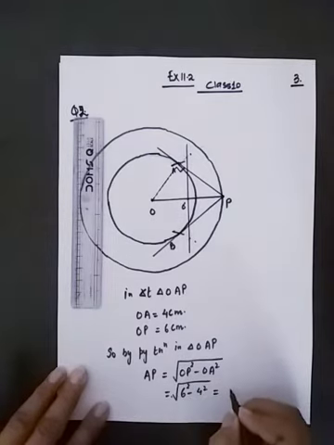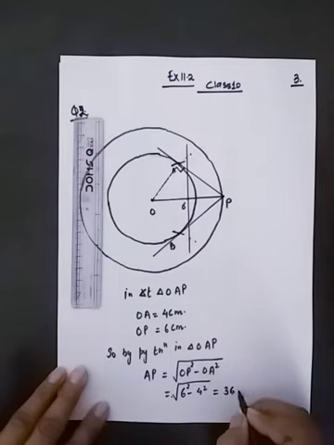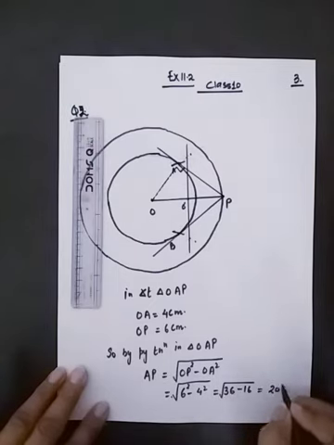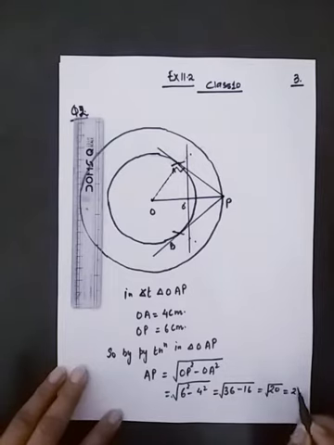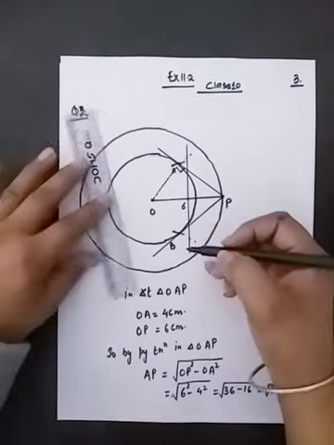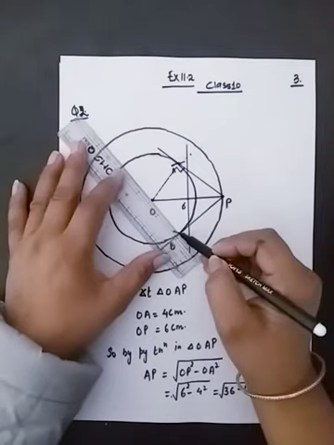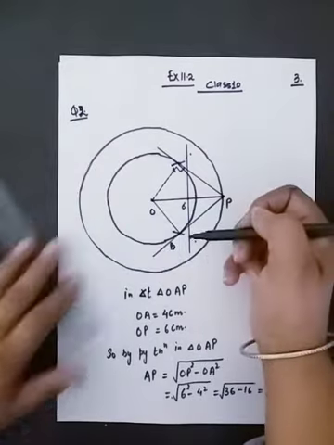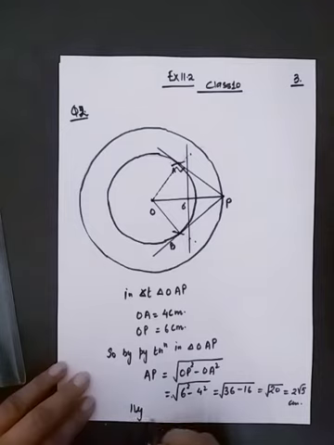It will be 36 minus 16, and it will be under root 20, and root 20 means 2 root 5 centimeter. Similarly, from triangle BOP we can find the length of BP. Similarly, BP is equal to 2 root 5 centimeter.